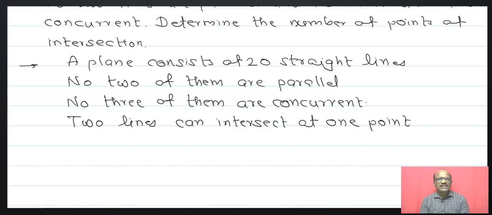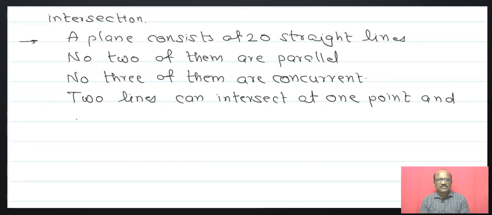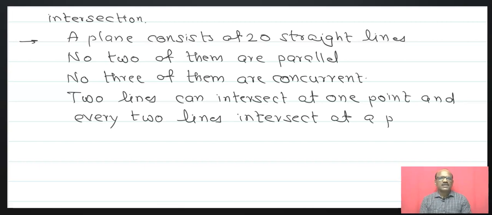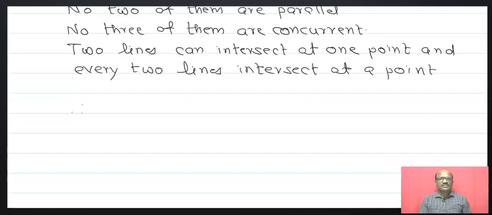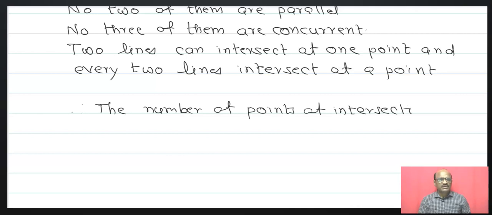Two lines can intersect at one point, and every two lines intersect at a single point.